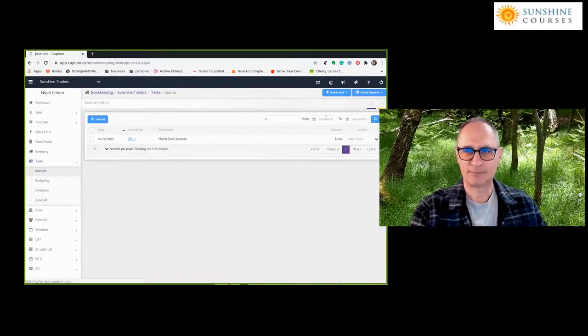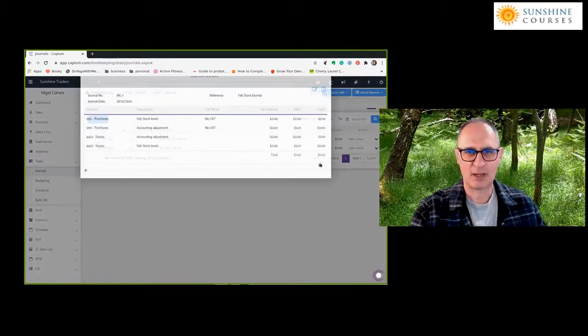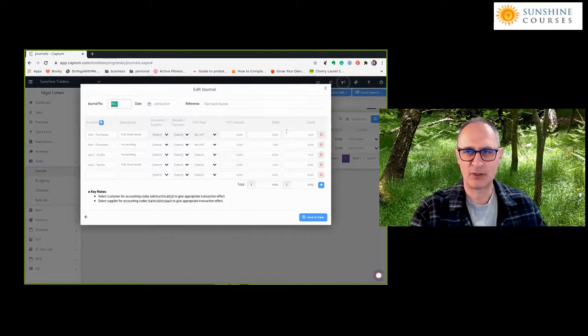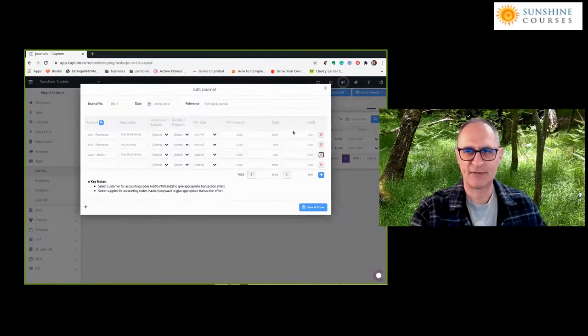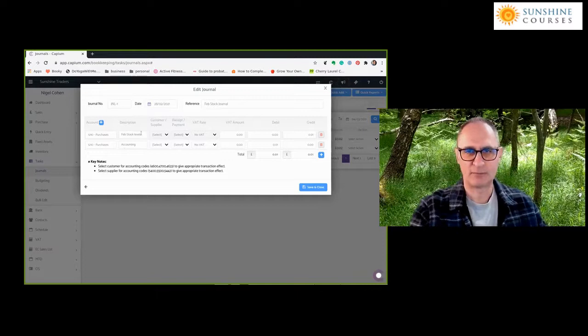So in the journal, I've pre-fed in some journals just to make it a bit quicker so I don't have to type everything out one by one. Okay, so in a February journal, what we want to do is to debit stock and credit purchases with £3,000.